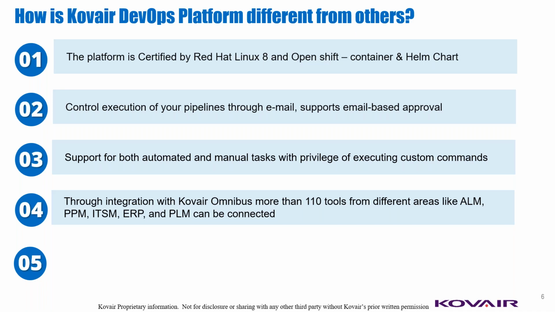The entire set of operations can be managed through the integrations between these two platforms. However, if you want to opt for any one of them, that also is possible because each one of them is agnostic to the other.